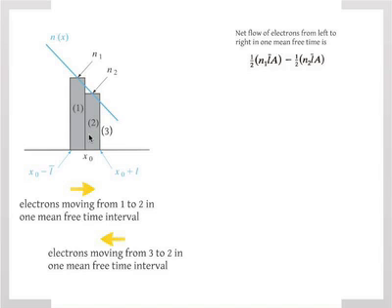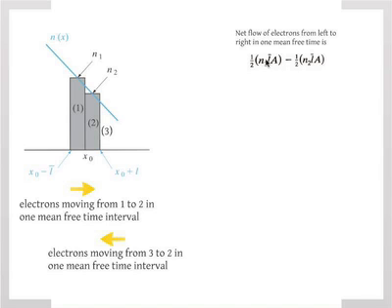So N1, which is the concentration of electrons in region 1, multiplied by L bar times A, A being the area. L bar times A is the volume, so N1 times L bar times A gives you the total number. Now, why is this the case?